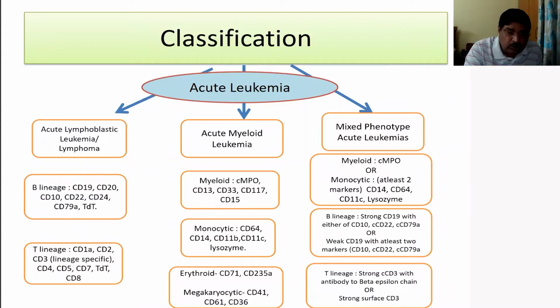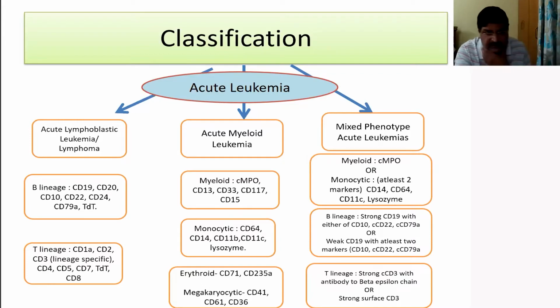So when you talk about the B lineage acute lymphoblastic leukemia, you have characteristically the CD19, 10, 20, 22, and you have the cytoplasmic 79A and the immaturity marker of TDT.